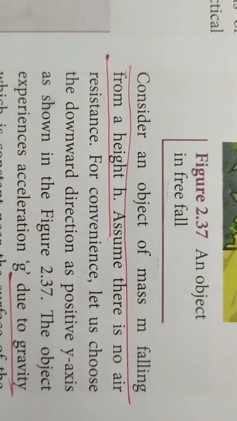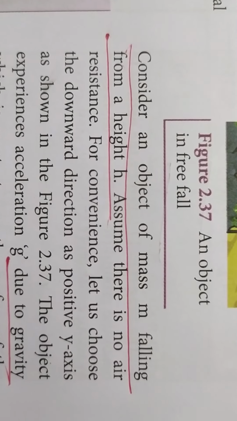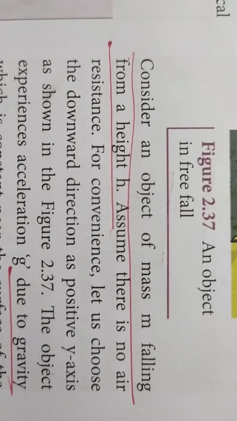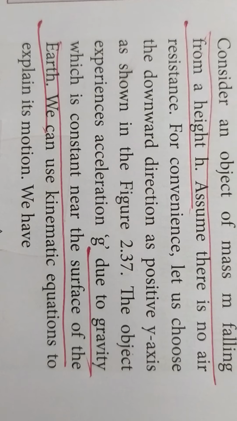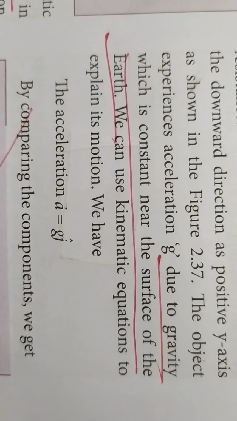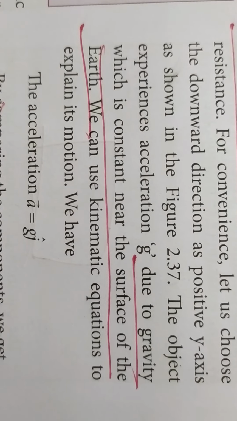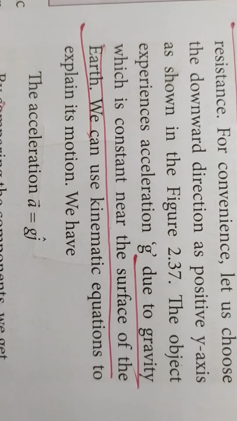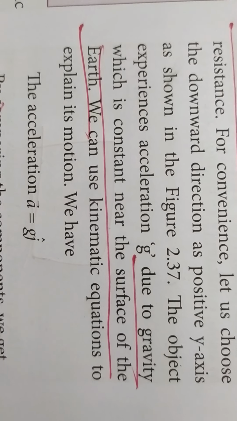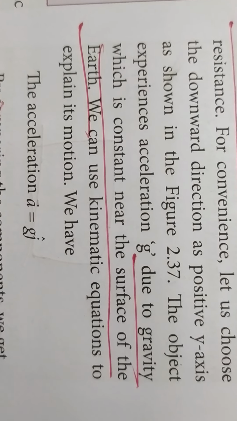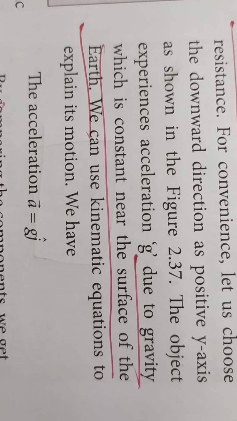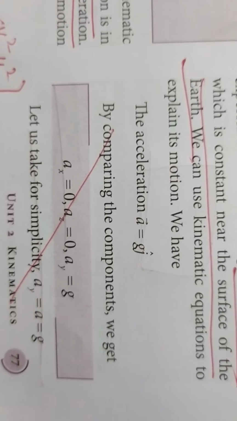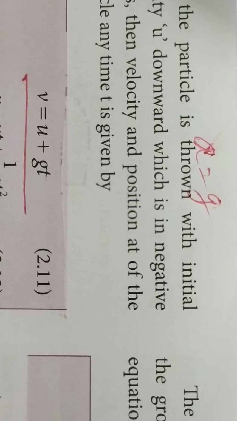Consider an object of mass m falling from a height h due to gravity, and the gravity near the surface of the earth is assumed to be constant. Here a vector is equal to g j cap, because it is falling along the positive y-axis. Here the acceleration is the acceleration due to gravity. You can leave this component form, no need to read this.